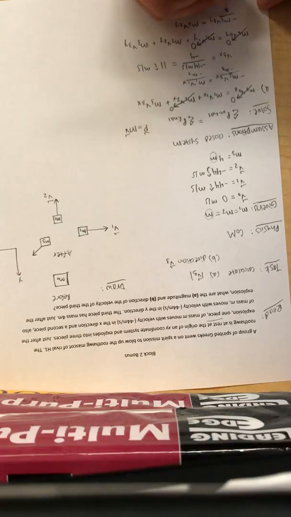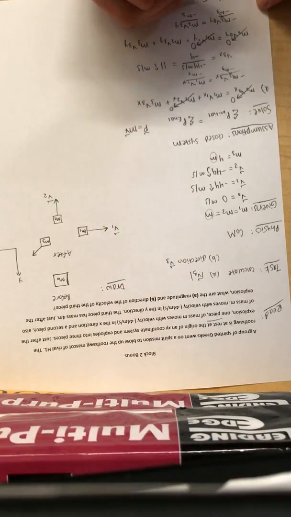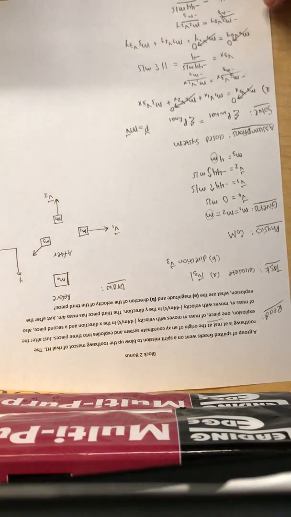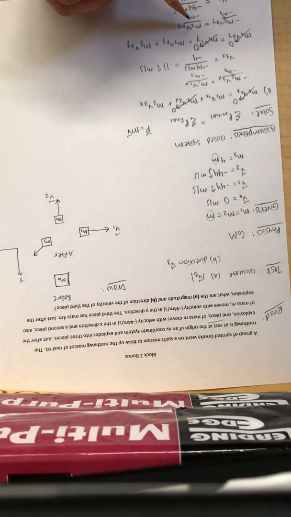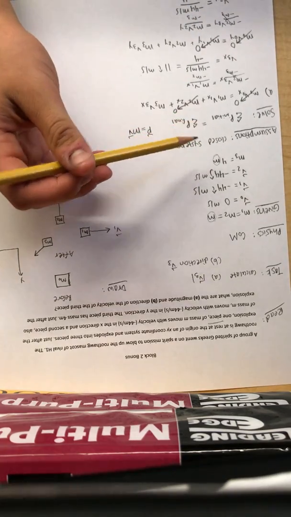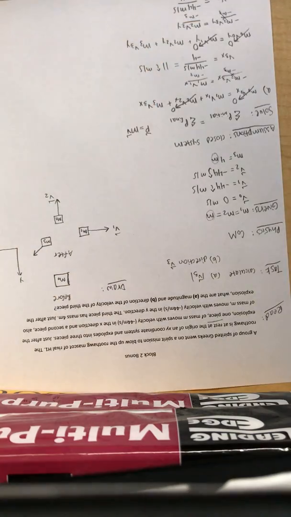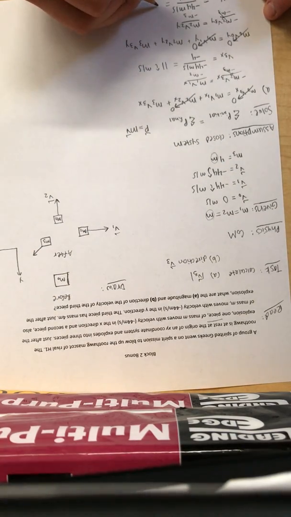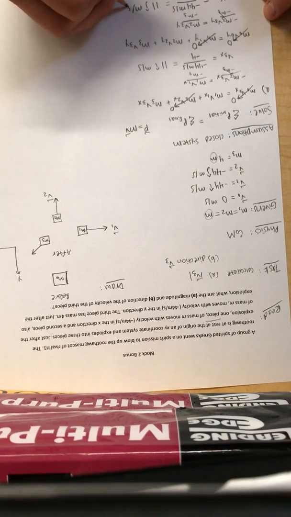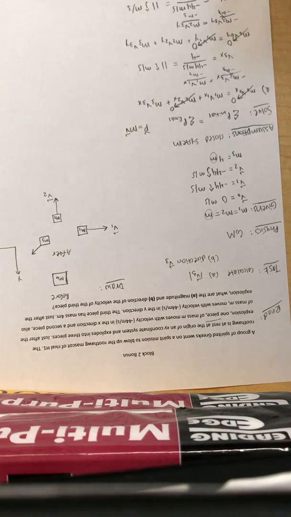So divide by mass and v3y. That will equal actually the same thing. And remember, the m's cancel out from 4m here and just m up top. So this is going to end up equaling 11 meters per second in the y direction.